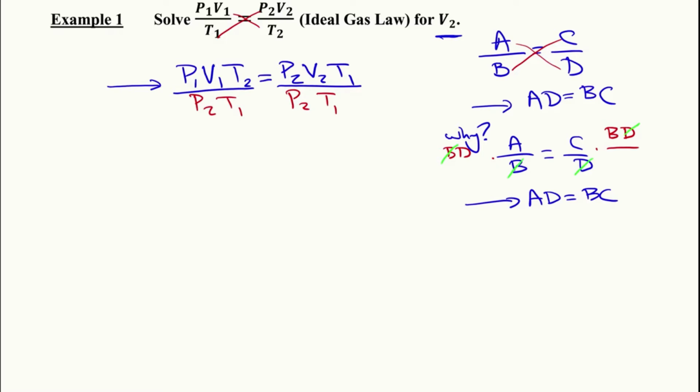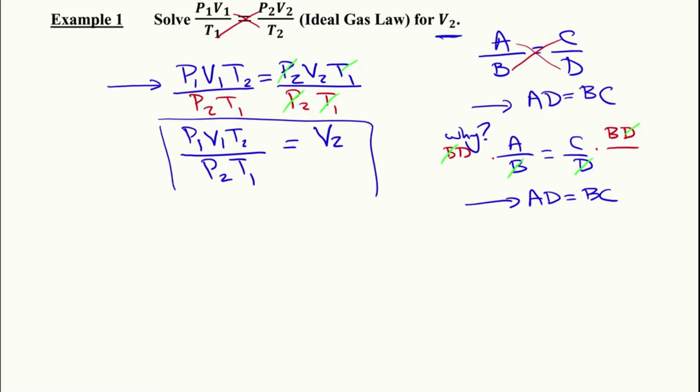So we cross cancel the P2s and the T1s, and on this side we notice that we have no cross cancellation, so we end up with V2 is equal to P1 V1 T2 over P2 T1. And that's basically all we need to do here.